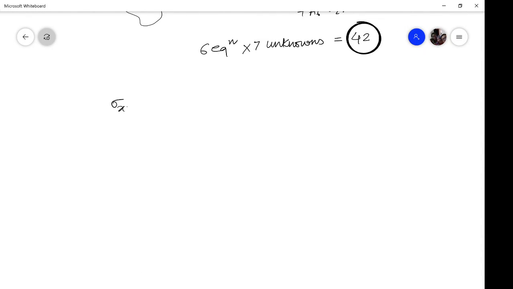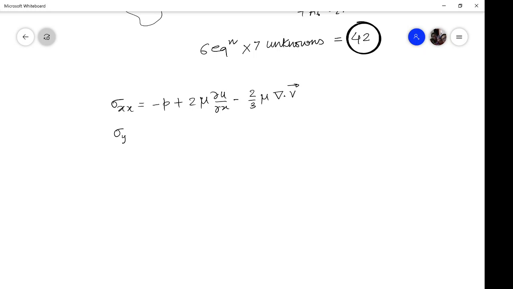sigma xx as minus p plus 2 mu del u by del x minus 2 by 3 mu gradient of velocity vector.